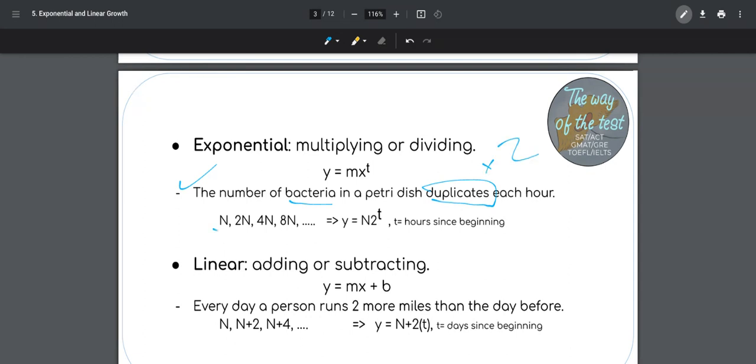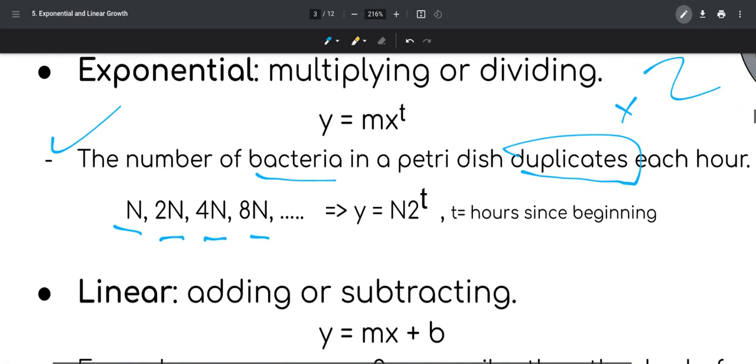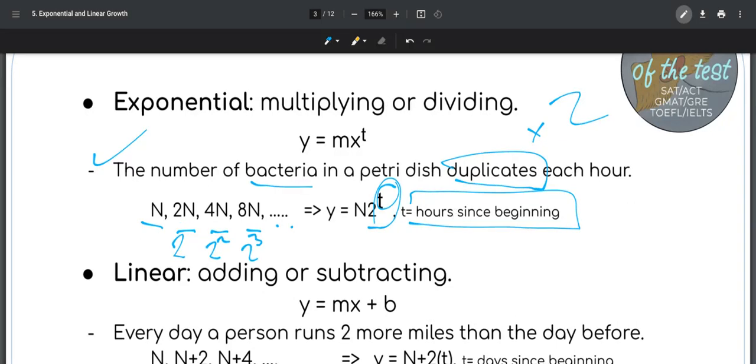So if the first hour is n, the second hour is 2n, then 4n, then 8n, and you can see how you start creating the exponent, because this is n, then this is 2, this is 2 times 2, so 2 squared, this is 2 to the cube. So by the time you have reached t hours since the beginning, it will be 2 raised to the power of how many hours have passed. So this is your exponential, in this case, exponential growth.